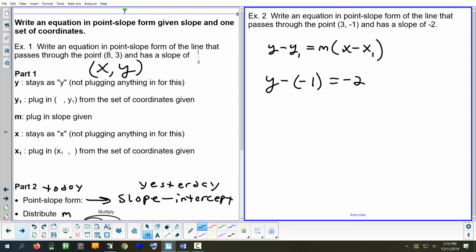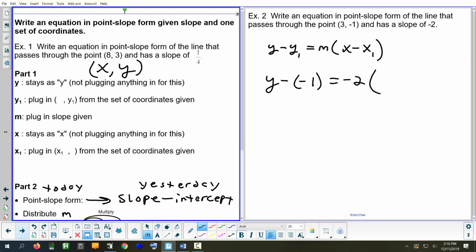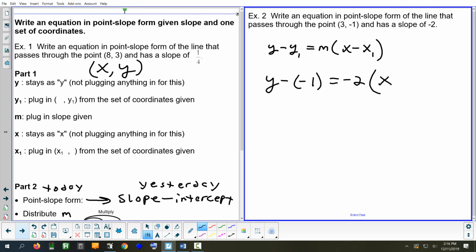Okay. What comes after the m? Before the x, parenthesis. Next thing, x. What do we do with x? x stays as x. What comes after the x? A negative. What comes after the negative? After the negative is x1.